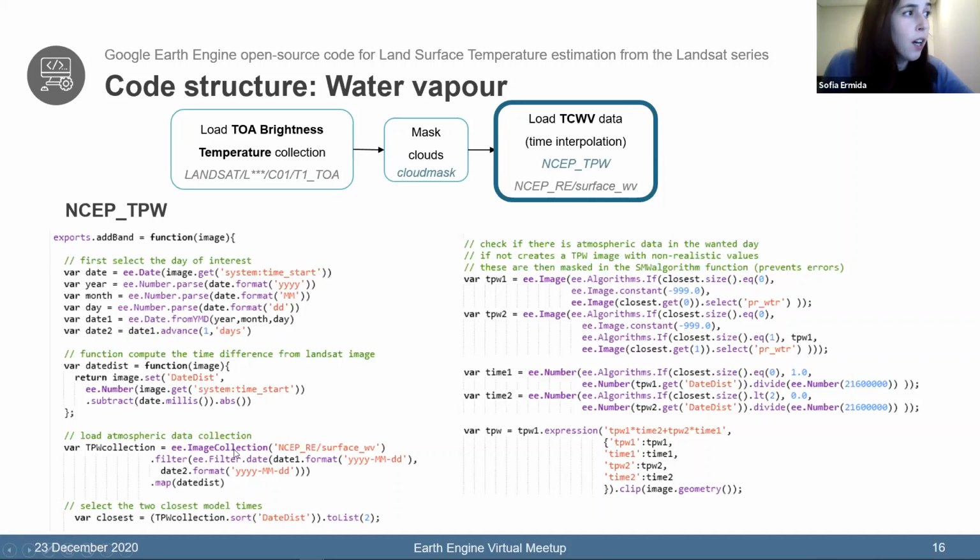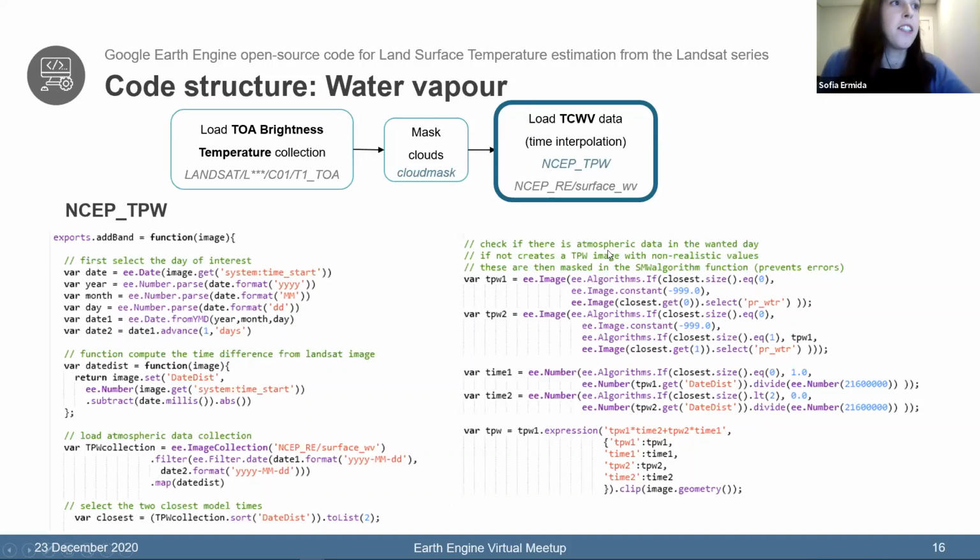Then for each one of those estimates, which are every 6 hours, and this will be 2 full days, we compute the time distance to the Landsat observation time. Then we select the 2 closest ones, which in the end will simply be the one right before and right after the Landsat observation time.